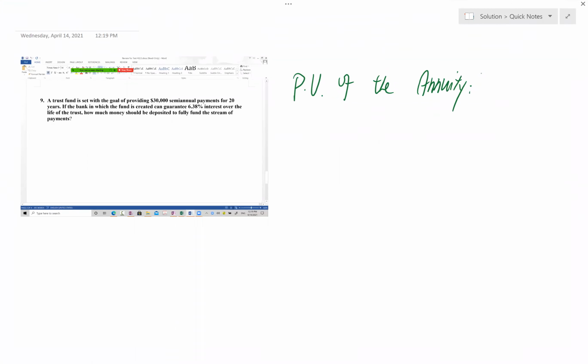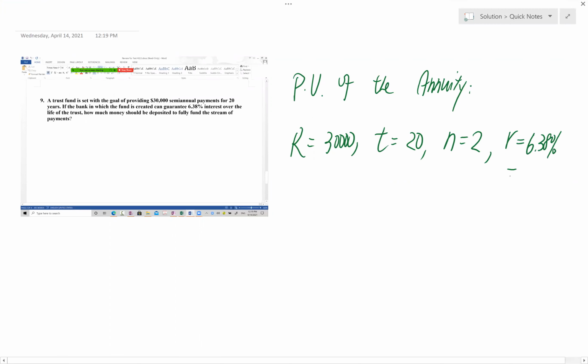Let's list all the given information. Regular payment is given, 30,000. Time T is given, 20 years. Number of compounding periods is given, twice per year. And the interest rate is given, 6.38%. So we have all the information we need to perform a calculation.